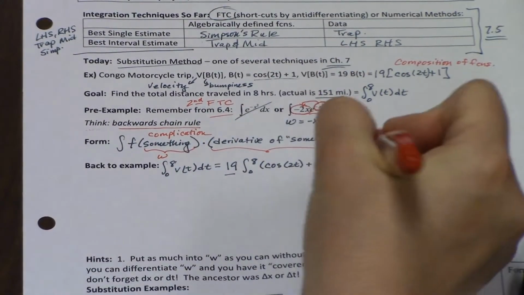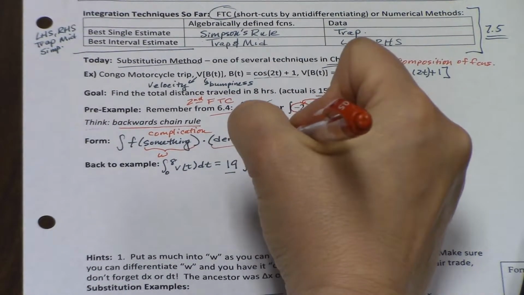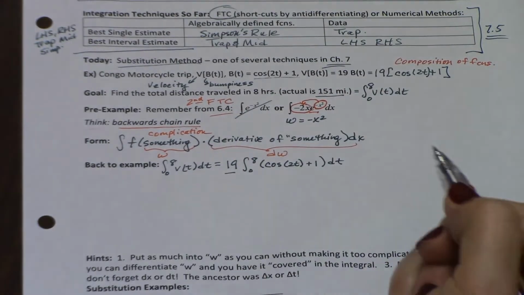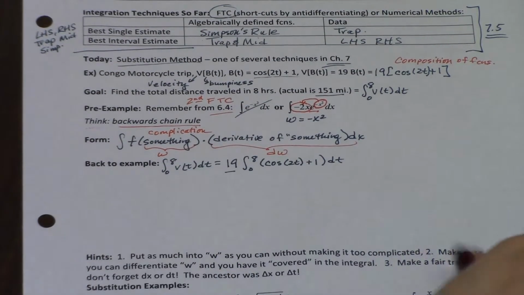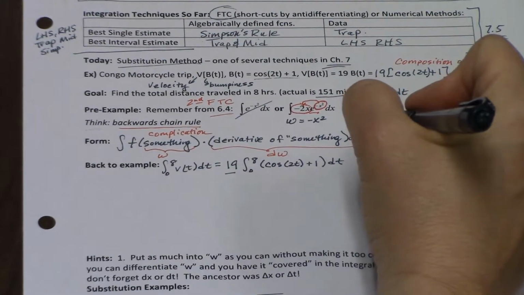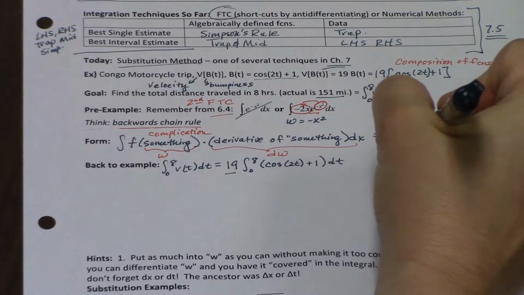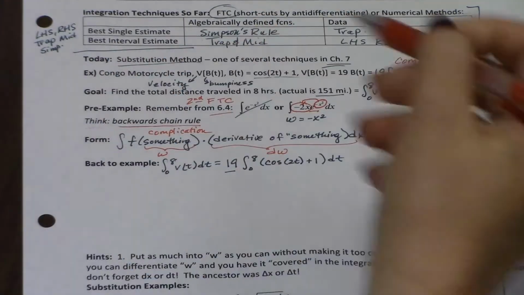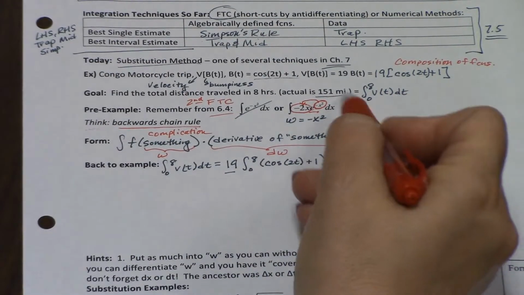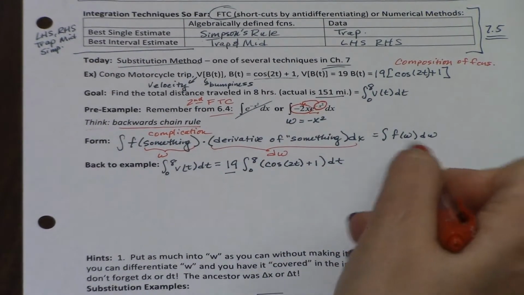This piece here, along with the dx, and we'll see that in a minute, is going to be dw. So we end up having the form of the integral of f of w dw, or trying to at least view this integral as being in this form.